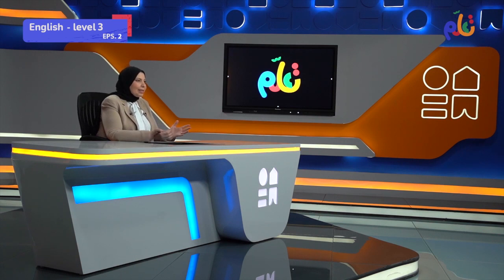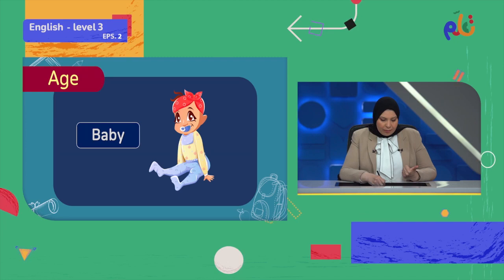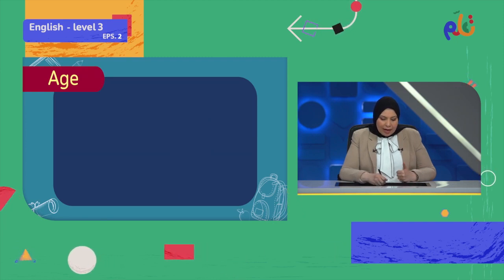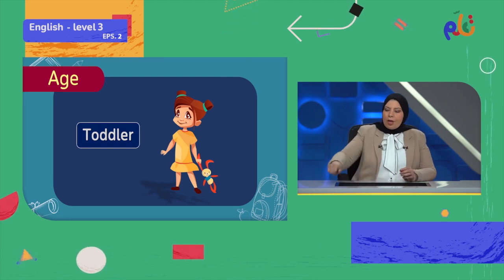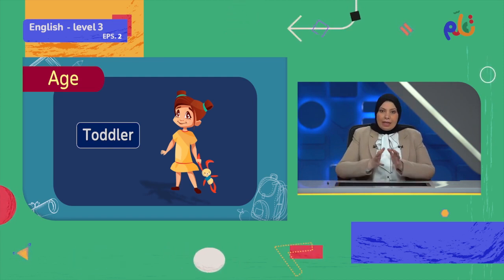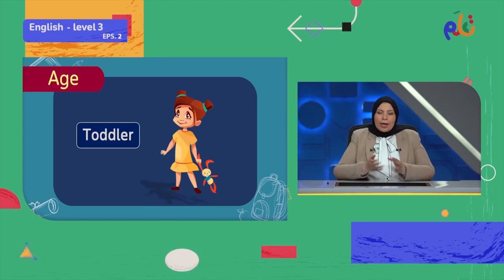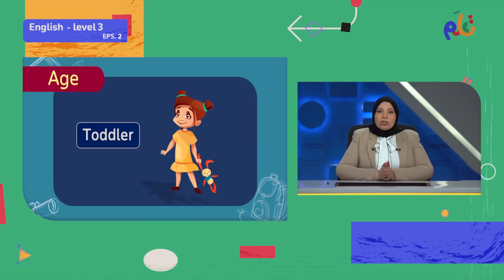So المرحلة العمرية متقسمين. We have baby and then we have a toddler. Toddler is the baby who started to walk and talk. So if he can't walk, if he can't talk, he's still a baby. Once he starts speaking and walking, he's not a baby anymore, he's a toddler.